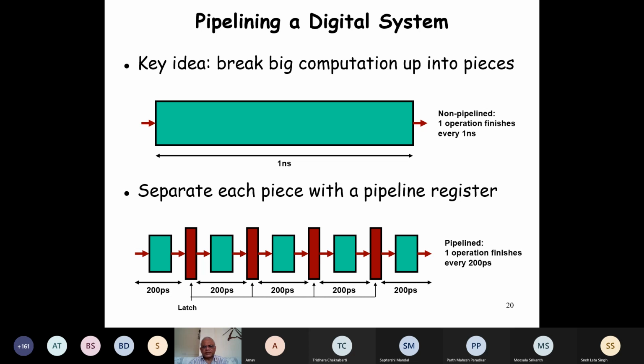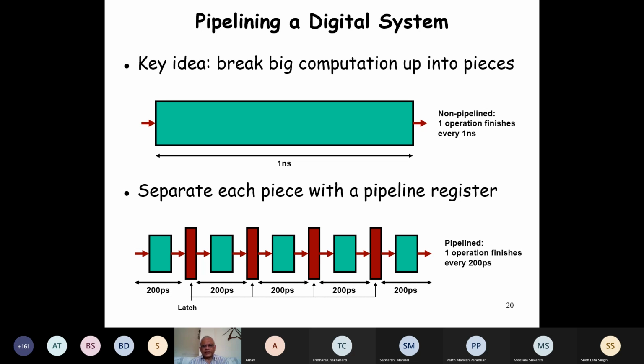These green ones are the combinational units; they don't store anything, they just compute. As soon as they produce the result, it needs to be stored somewhere, and that is the latch or the buffer. And this buffer drives the next unit. So we need to split this large computational unit into small parts and also add buffers.